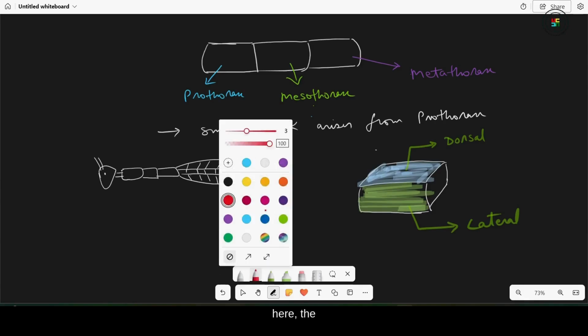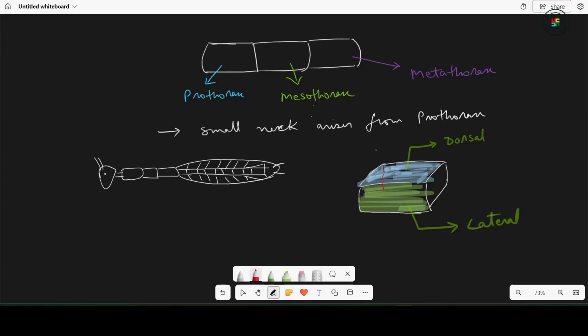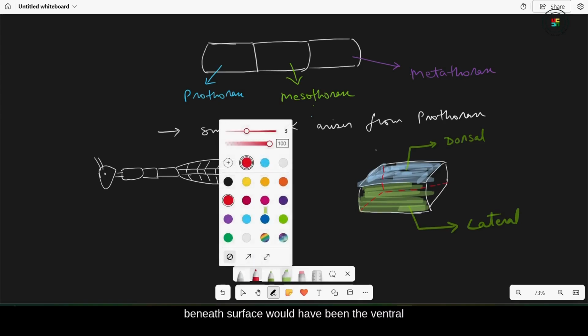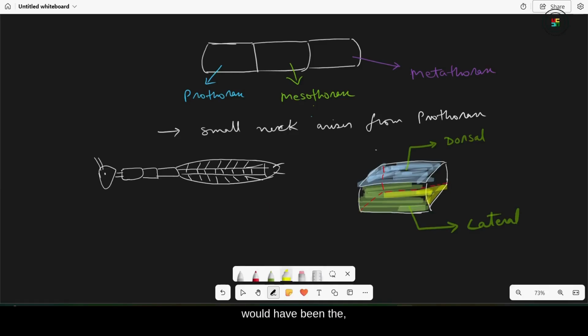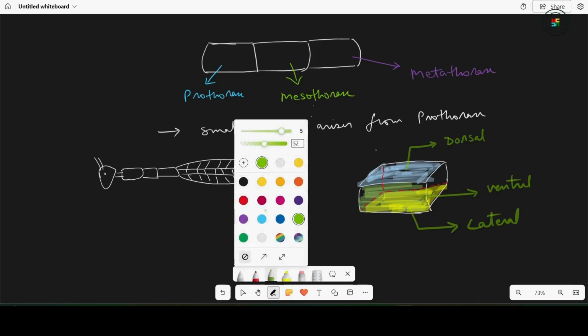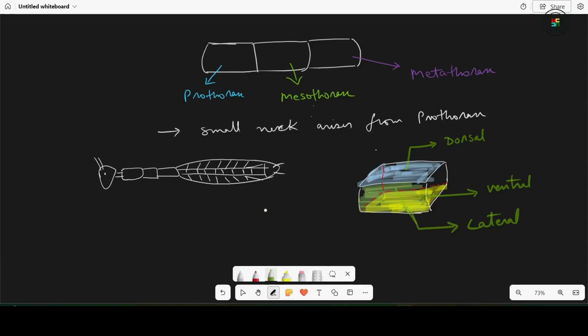So here the beneath surface would have been the ventral surface, right? Okay, lateral is this side, right?